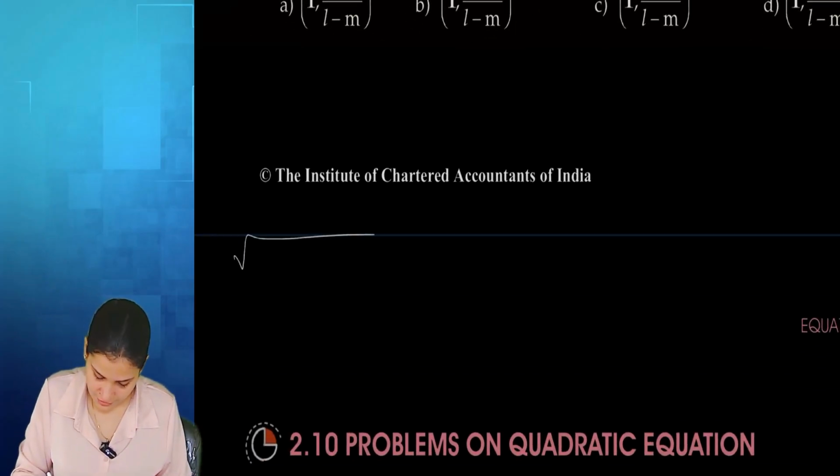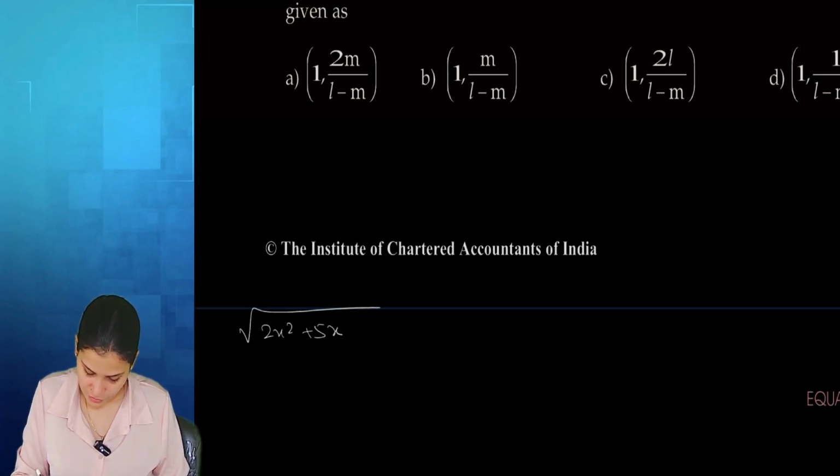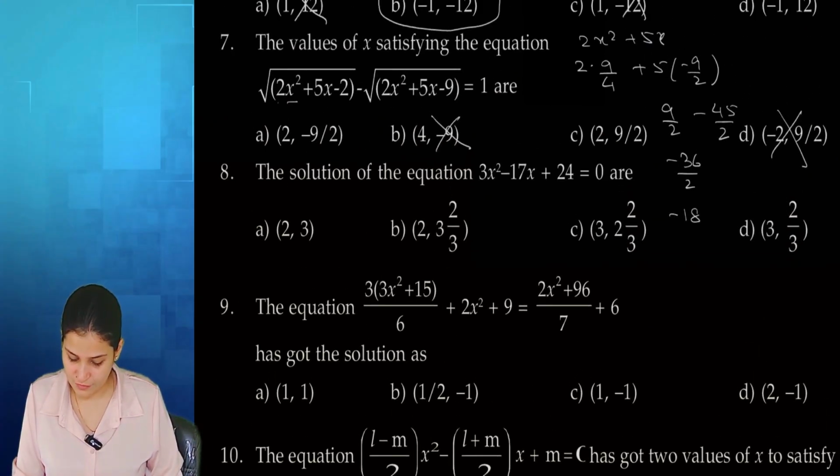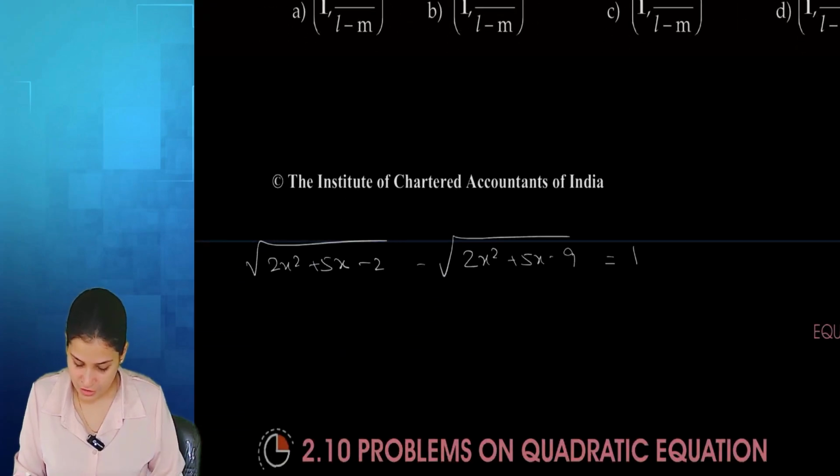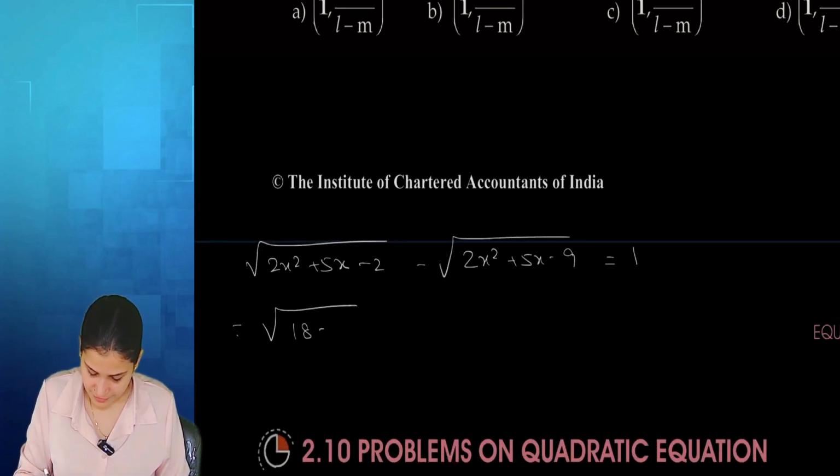So now under root 2x square plus 5x minus 2 and under root 2x square plus 5x minus 9. This should be equal to 1 and we have already got this as 18. 18 minus 2, 18 minus 9.